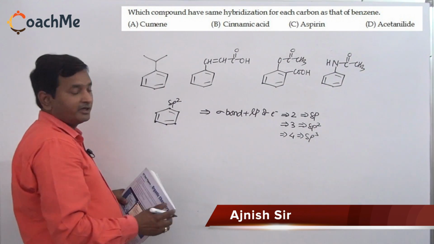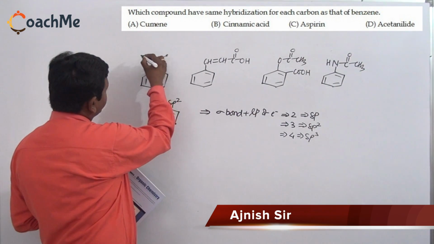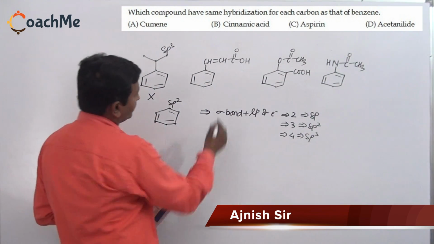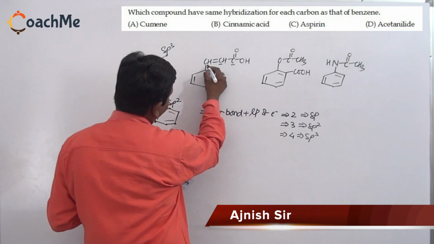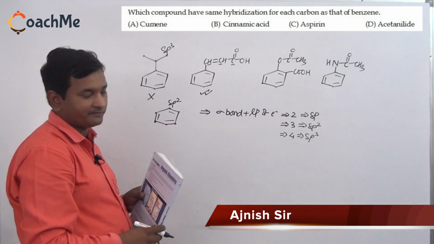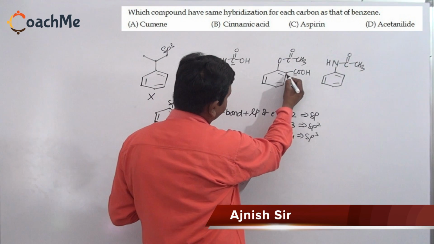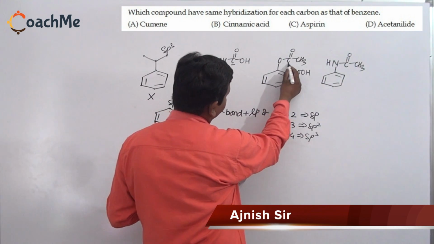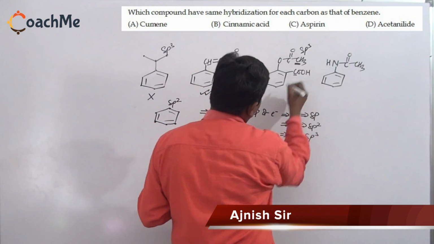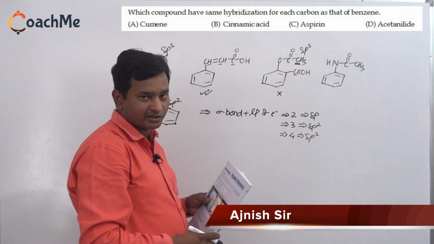So leave it. Here the hybridization is sp3, so this will not be our answer. Here the hybridization is sp2, sp2, sp2, all sp2, so this will be our answer. Here the hybridization will be sp2, sp2, sp2, sp2, but here sp3 hybridization is there, so this will not be our answer.